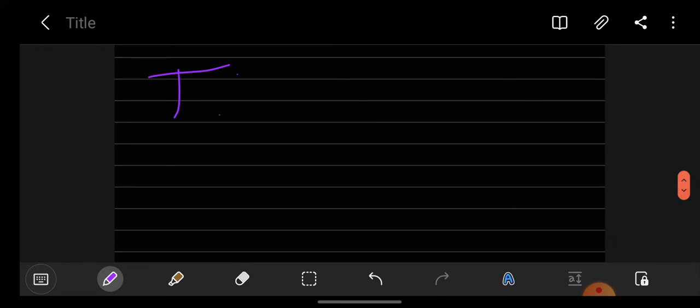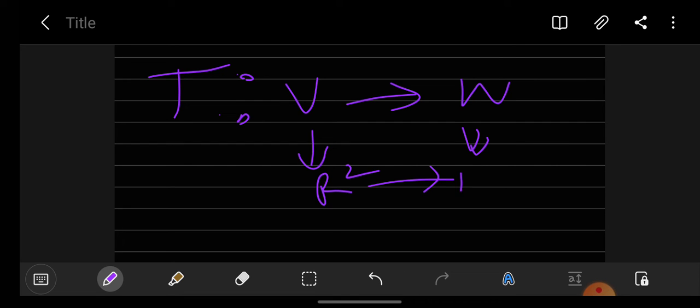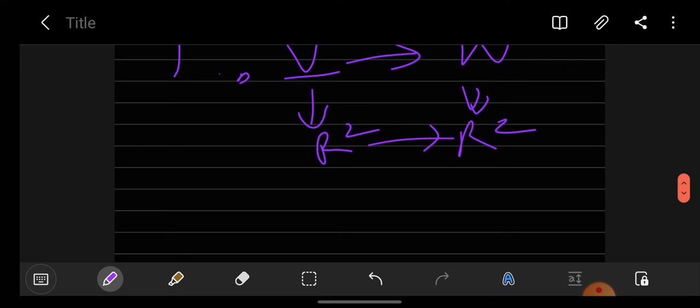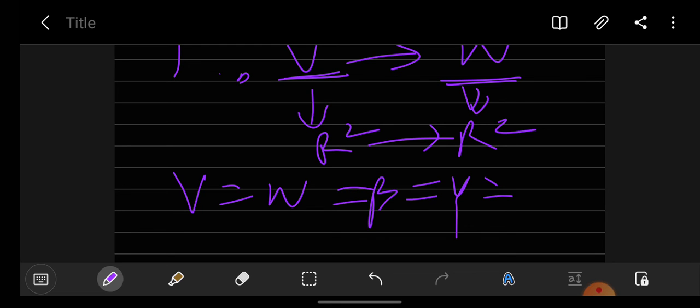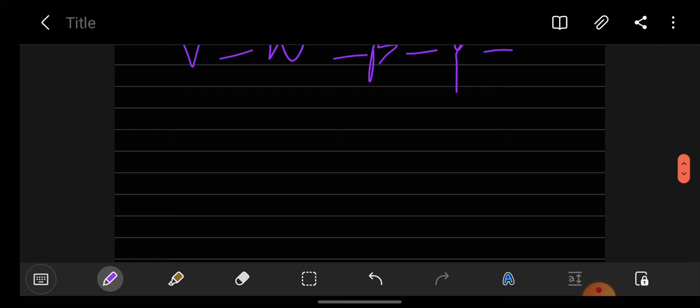It means that if T belongs to V to W, and the dimension of this and this is equal, like R2 to R2, then the bases of both are also equal. That's why beta is equal to gamma, whatever basis you have.